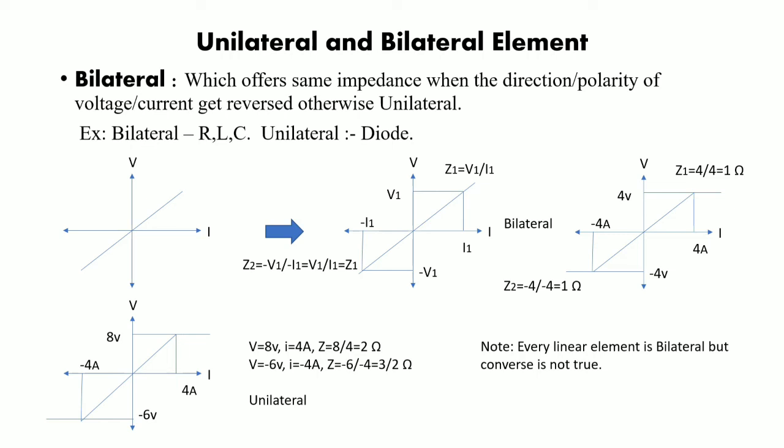So every linear element is bilateral, but in case of graph number 3 is bilateral, but this is non-linear, because after I greater than 4 ampere we are getting constant voltage. So this is a non-linear but bilateral element.